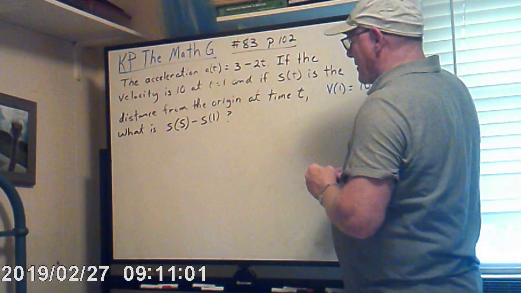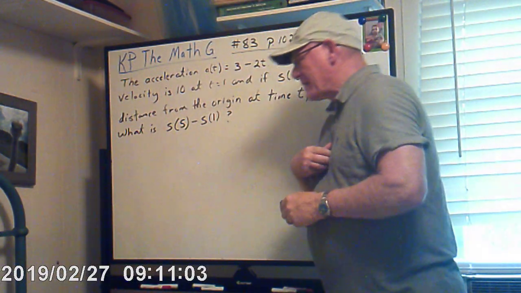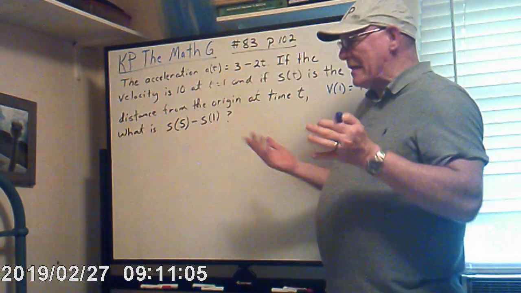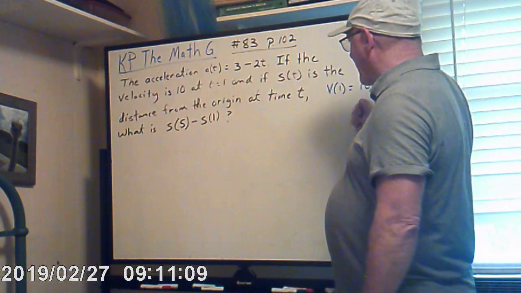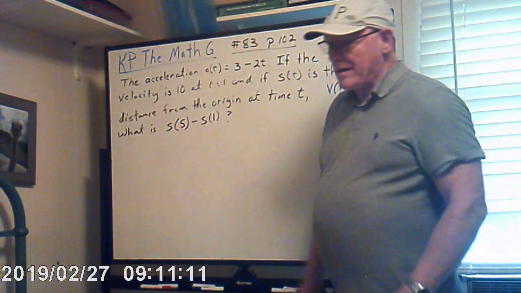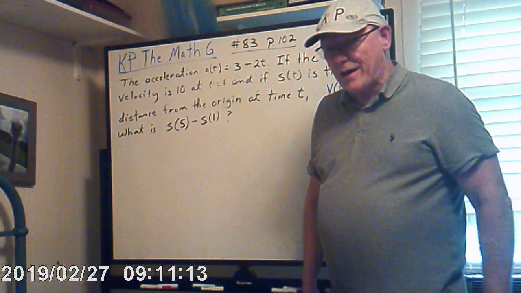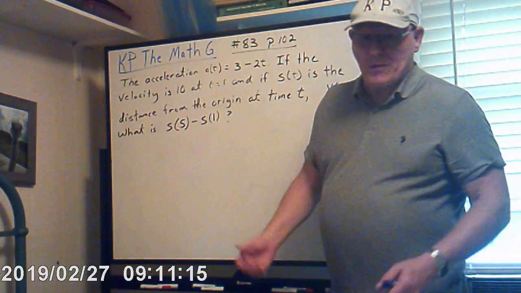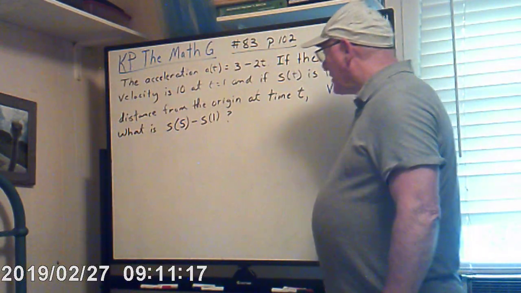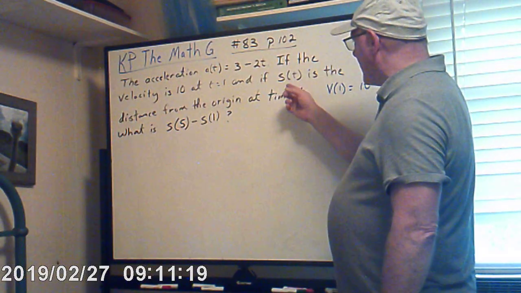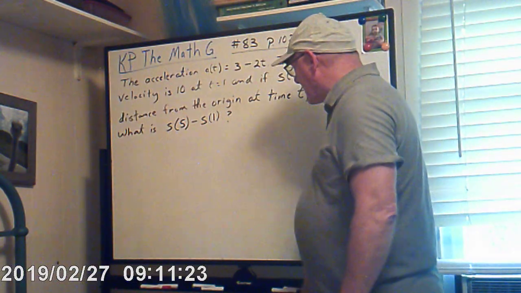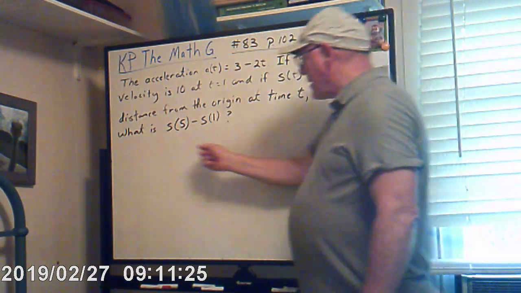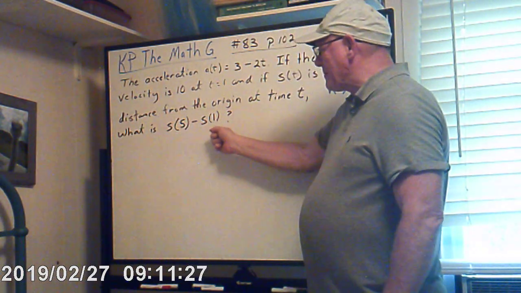At t equals 1, probably seconds, it is equal to 10 meters or feet per second, whatever. And if s at t is the distance from the origin at time t, what is s at 5 minus s at 1?